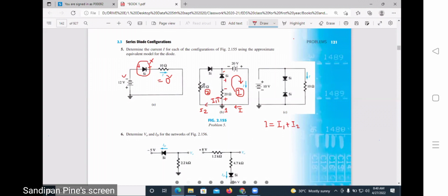I2 is also going from bottom to top, so this side plus, this side minus. Silicon, this side plus, this side minus 0.7.